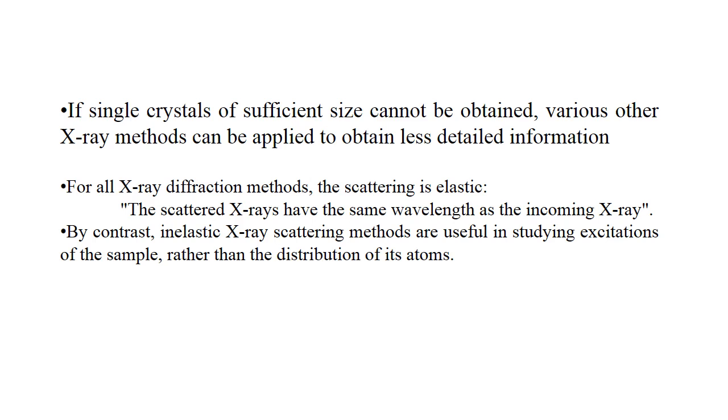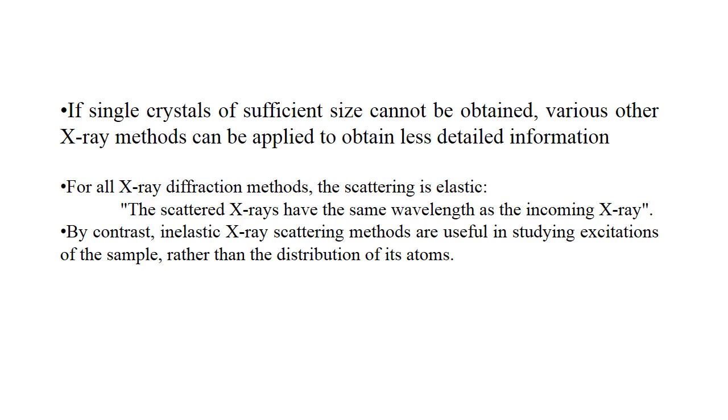For the X-ray diffraction methods, the scattering is elastic. Hence, the scattered X-rays have the same wavelength as the incoming X-rays. By contrast, inelastic X-ray scattering methods are useful in studying excitations of the sample rather than the distribution of the atoms.